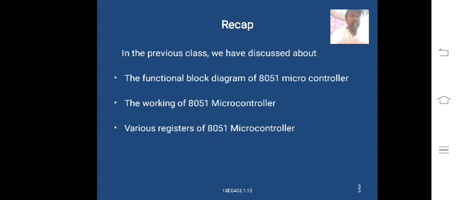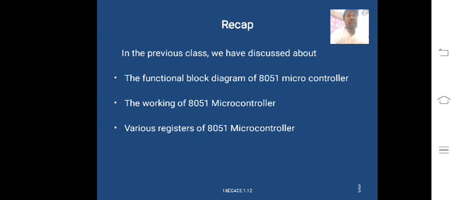The first category is general purpose registers. The name itself says general purpose. General purpose means to execute general operations or general functions, so we use the general purpose registers.